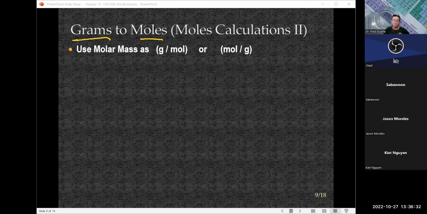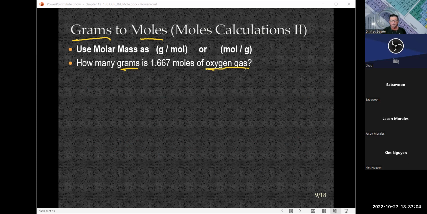All right, so we're going to use the molar mass, either in the ratio of grams over moles or moles over grams, and which one we use depends on the question. So you're going to read the question carefully. Here's an example of being aware of the question, because if you notice, it says how many grams is 1.667 moles of oxygen gas.